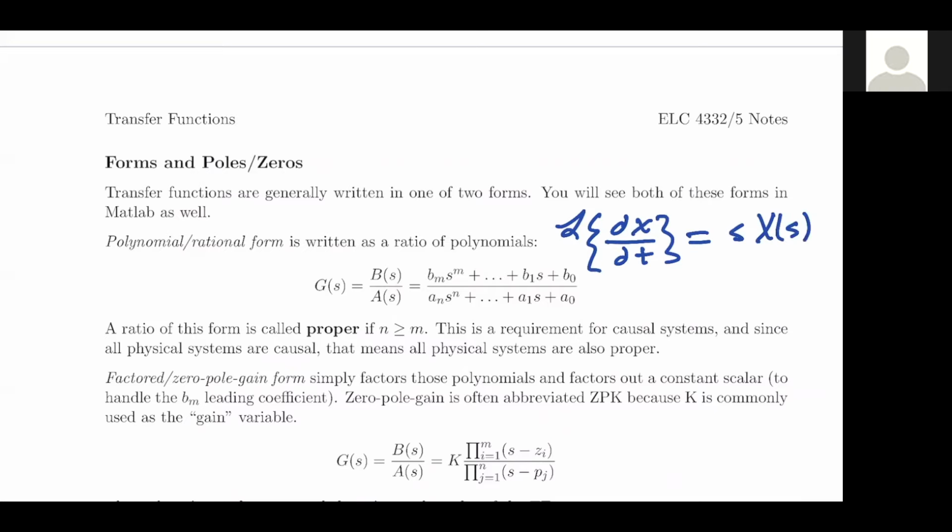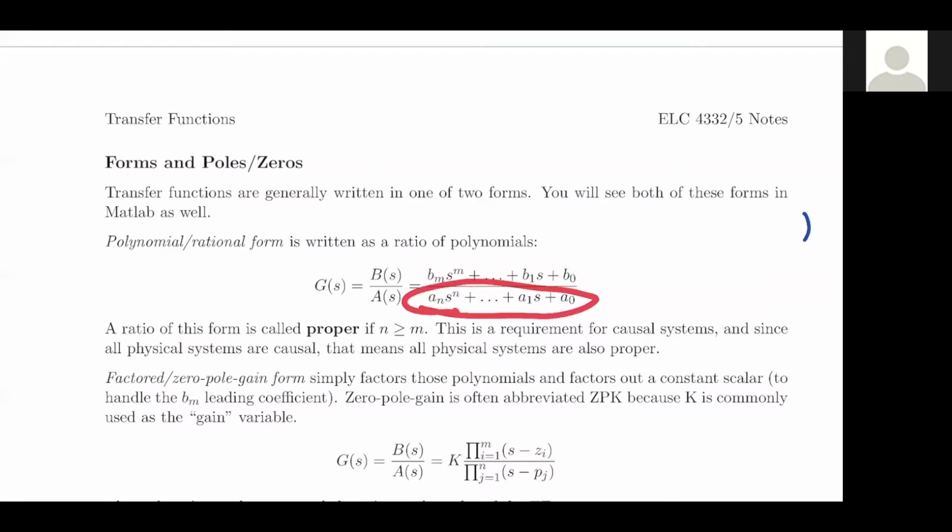When you have higher order derivatives that show up in differential equations, we've talked about this already, then what that turns into is a ratio of polynomials, one polynomial over another polynomial.